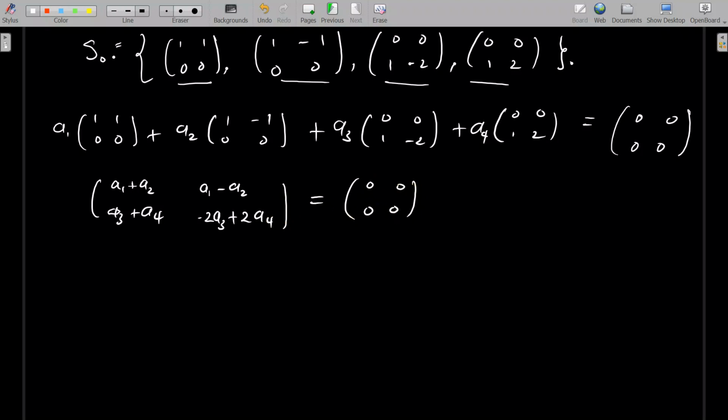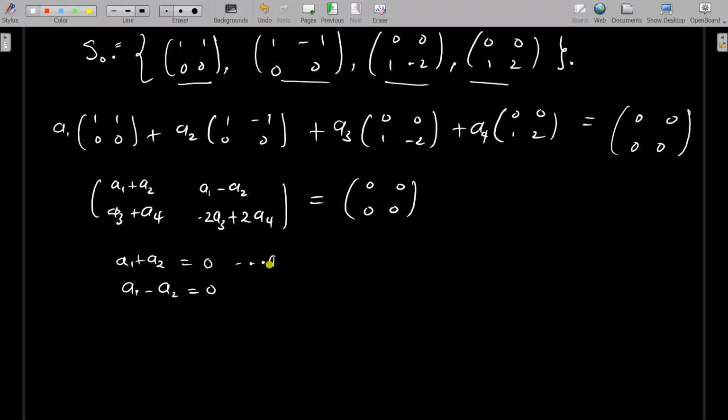Now, what we have here is saying that the matrix on the left is equal to the matrix on the right, so their entries should be the same. So a1 plus a2 should give me 0, and a1 minus a2 should give me 0. From these two equations, which you can call equation 1 and equation 2, we can add them.